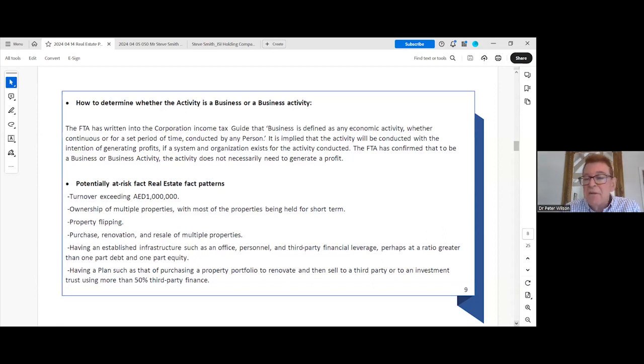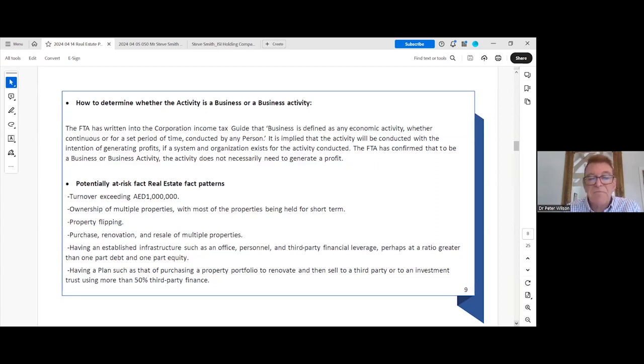So there's no definition of long-term, short-term, of course, in the real estate investment definition, but we know that in one of the free zone ministerial decisions, where we're talking about what constitutes investment and what doesn't constitute investment, there's the expression that if an investment is held for 12 months or more, it will be deemed to be an investment rather than a short-term holding.